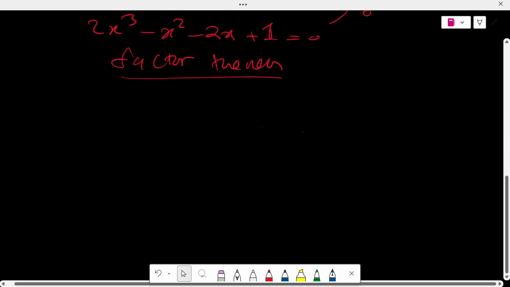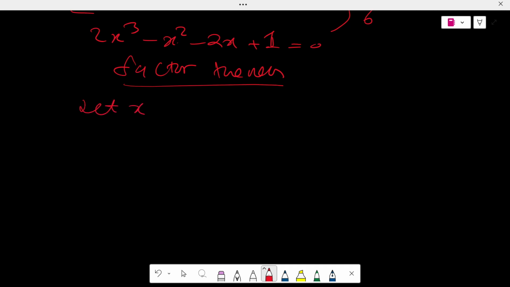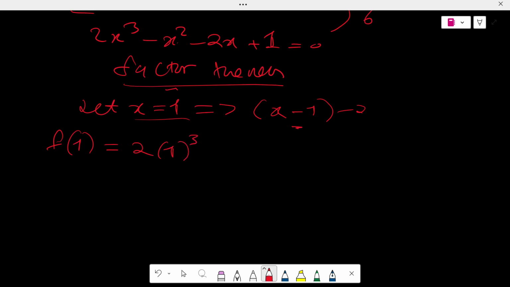What we do here is a trial and error thing. We're going to let x be equal to, let's say, 1. This implies that we have this factor. When you equate this to 0, you're going to have x is equal to 1, so x minus 1 is this factor. Let's see what f of x will be.